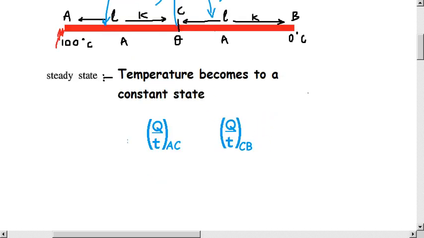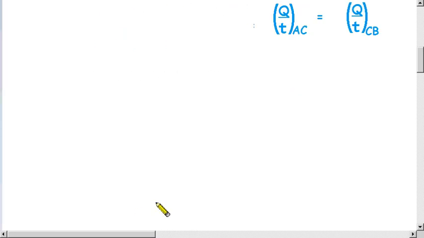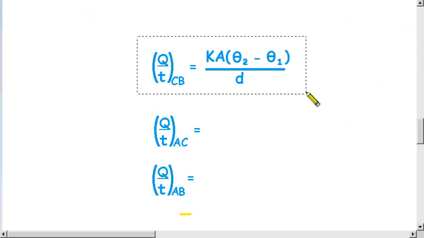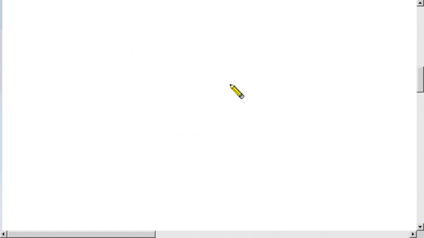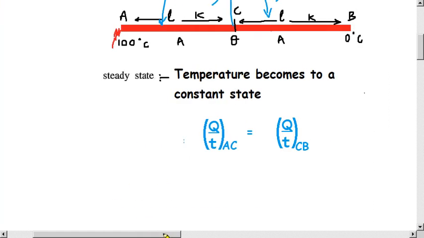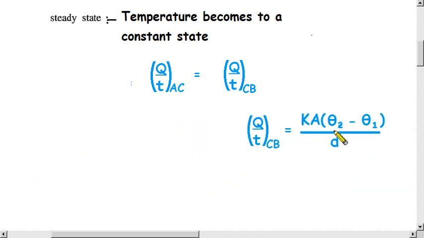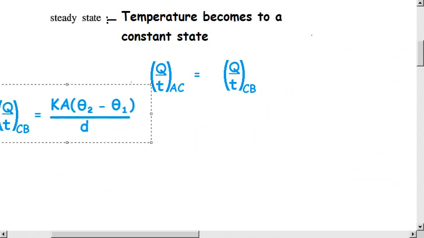So we can equate these terms. In the lesson we learned that Q divided by t is equal to this one. So let us keep it aside somewhere here.